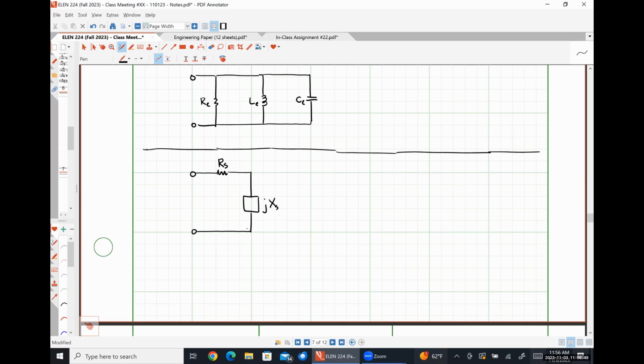The sign on this, we're assuming to be positive. If it were negative because we were dealing with a capacitor, we would literally just replace X sub S with negative X sub S and it'll all come out in the wash.